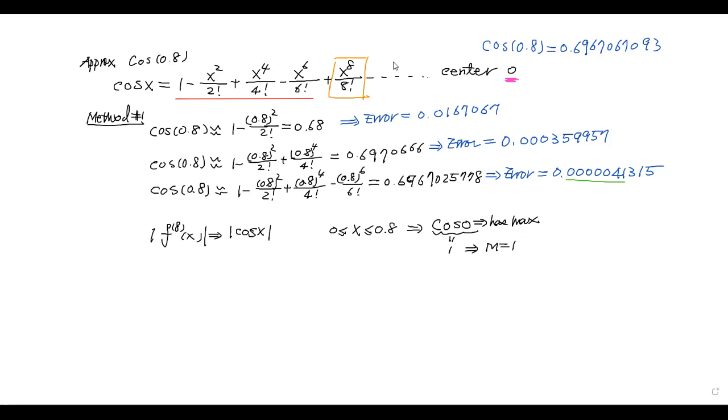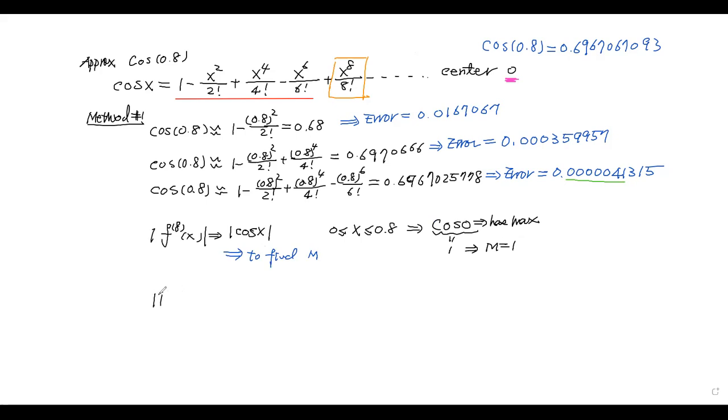Remember that we use this to find the M, right? And now I can put it into the Lagrange error bound.